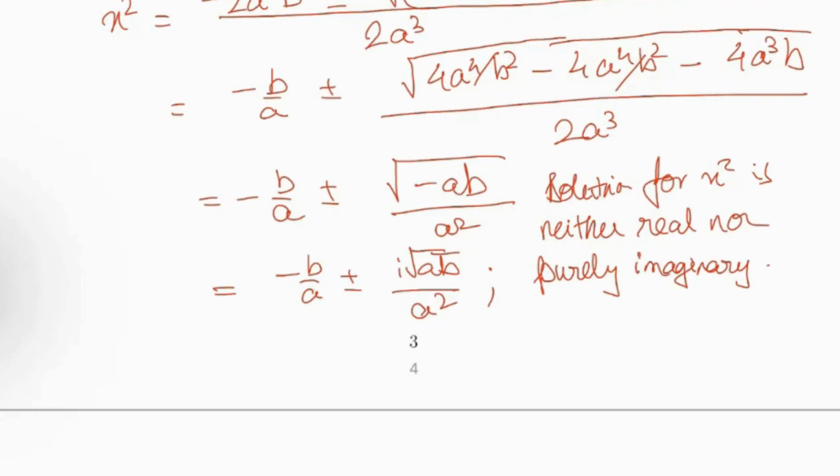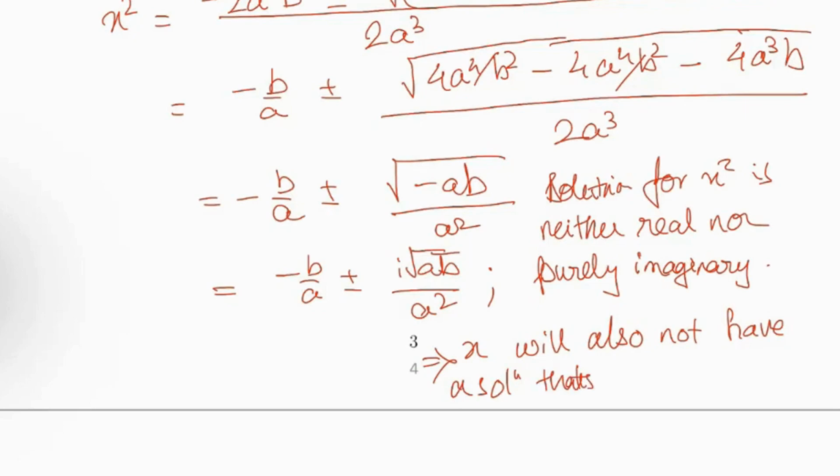Since there's no purely imaginary or real solution for x square, it implies that x will also not have a solution that's real or purely imaginary.